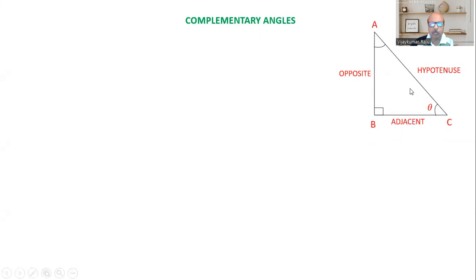Now, a little bit about complementary angles. Let us see what a complementary angle is. This is a triangle, with angle theta, and this is a right angle triangle. The sum of the angles of a triangle is 180 degrees.